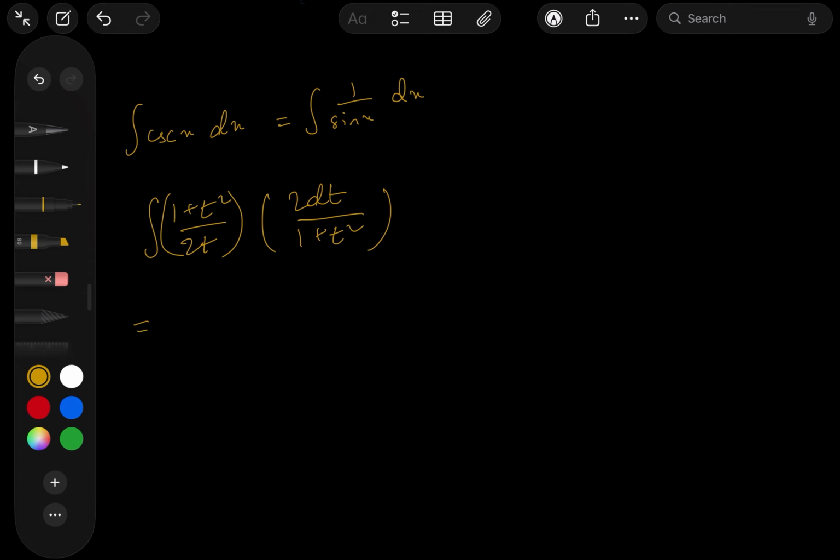So what we can do now is we let these cancel out, and we get 2 by 2t dt, which is just, of course, ln of mod t plus c.